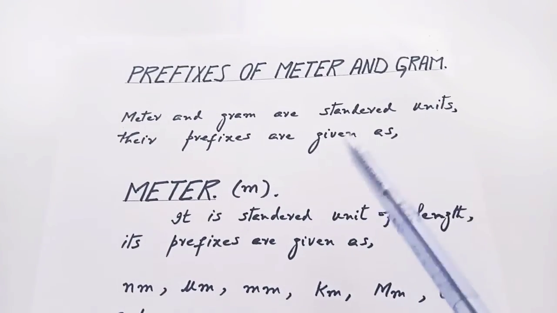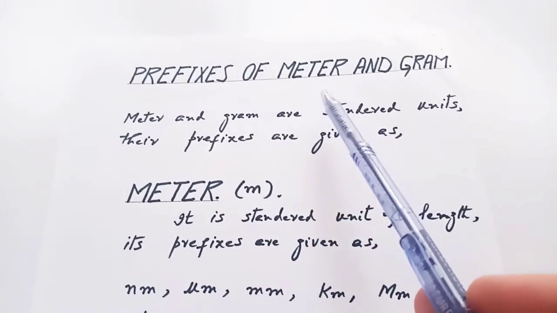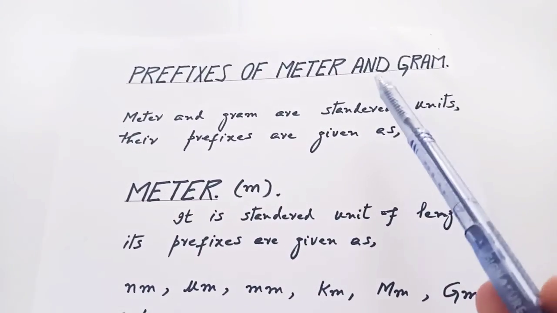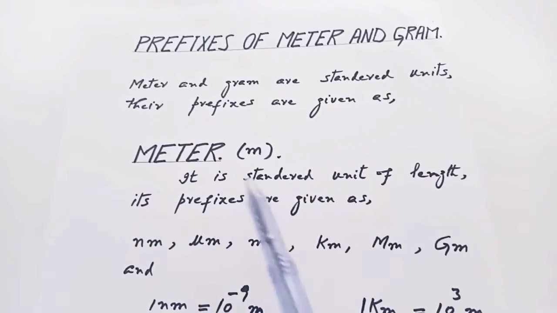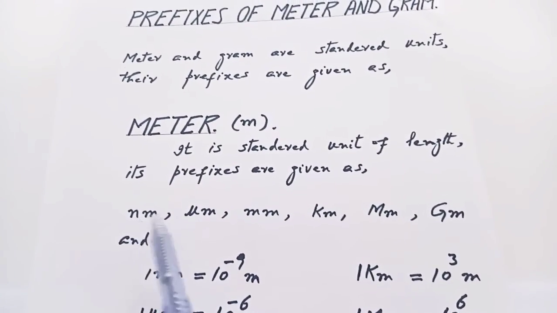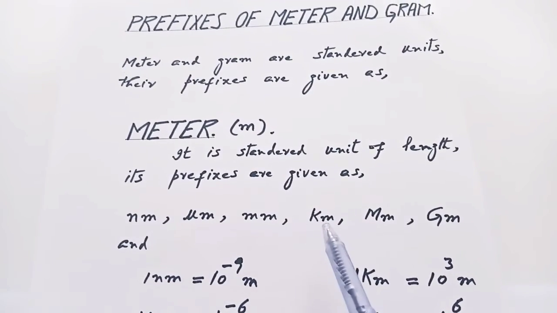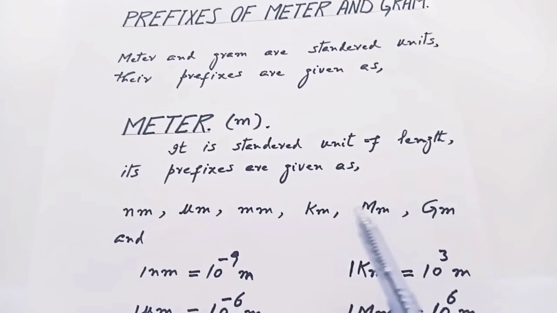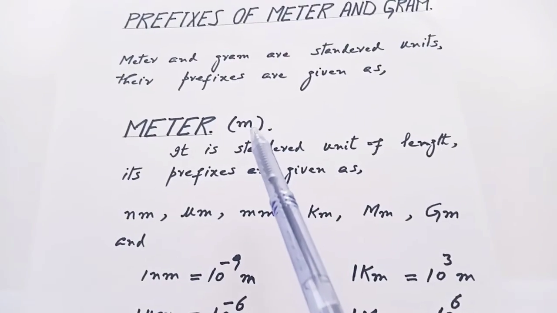Now prefixes of meter and gram. Meter and gram are standard units. What are their prefixes? For example, meter is a standard unit of length. Its prefixes are nanometer, micrometer, millimeter, kilometer, megameter, gigameter. These are the prefixes of what? Meter.